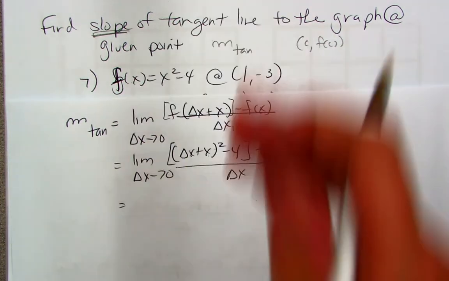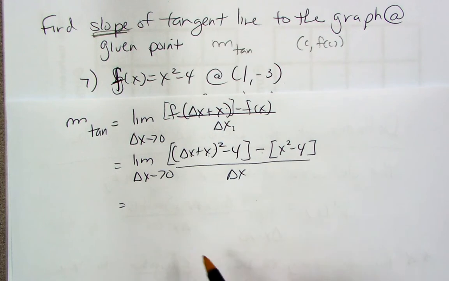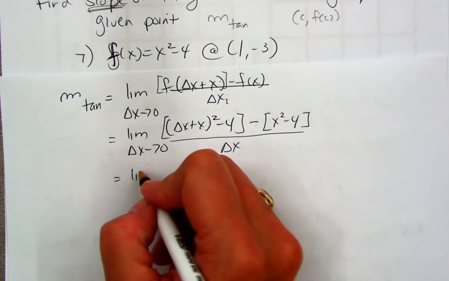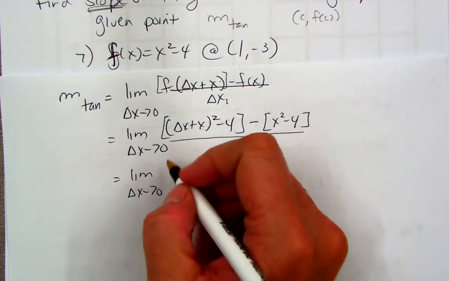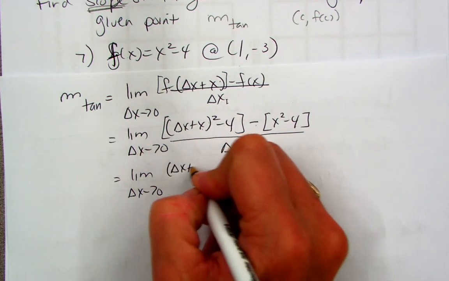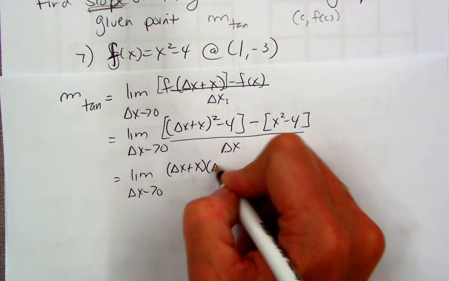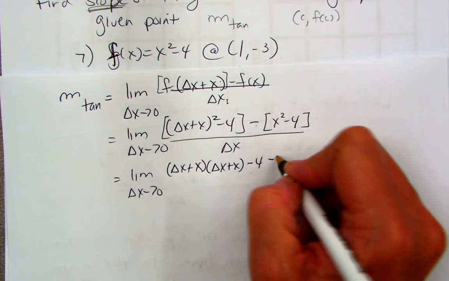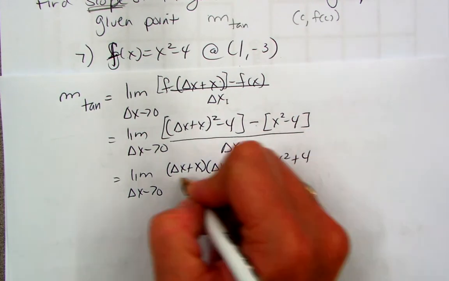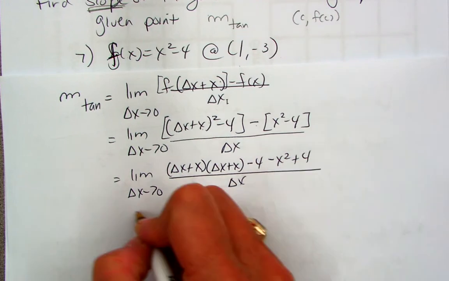Now I'm done looking up here. Now I just have to do math. So let's see, what does that mean? Delta x plus x times delta x plus x minus 4 minus x squared plus 4 all over delta x.